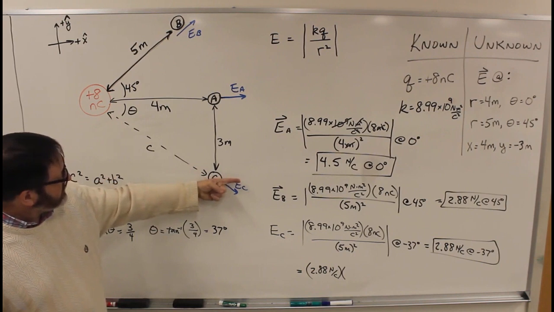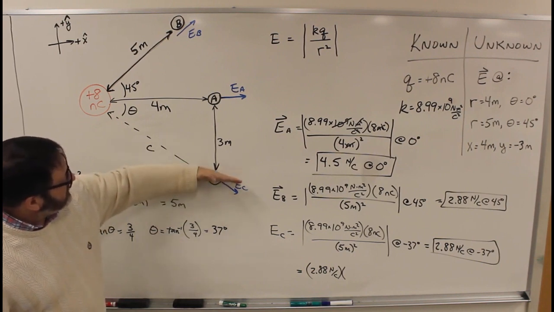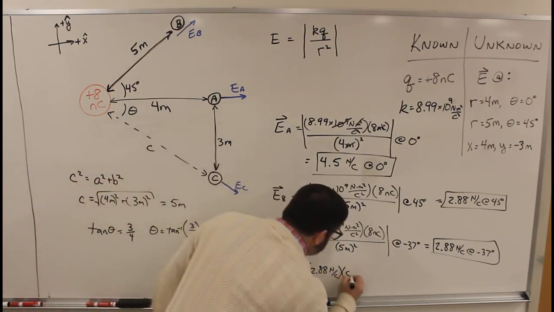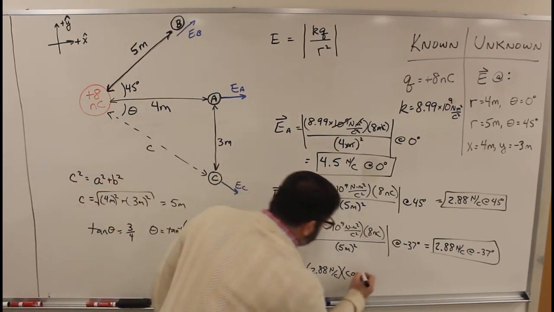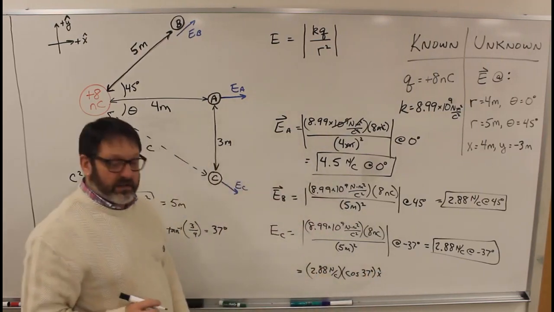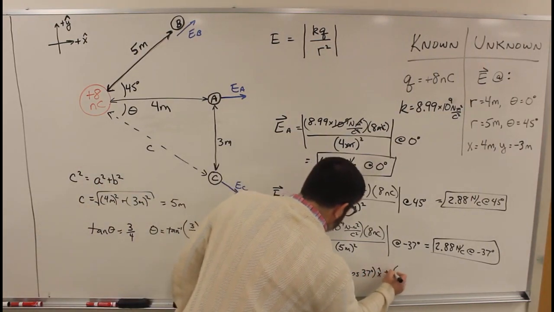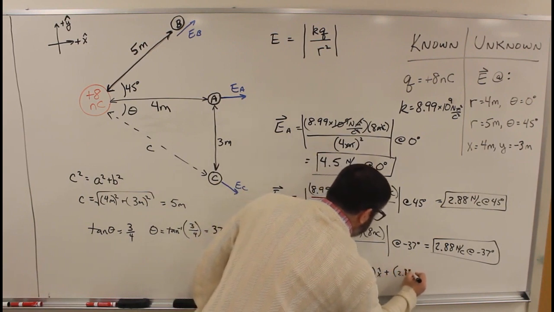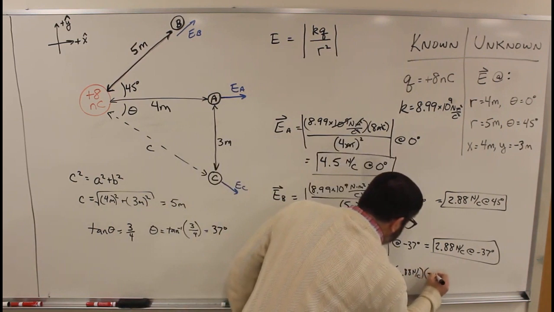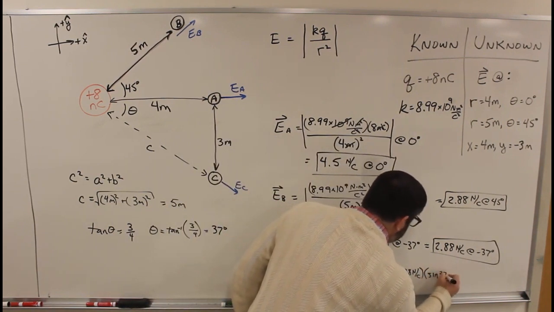The horizontal direction of it, this would be times cosine of that theta. Cosine of 37 degrees in the x direction plus 2.88 newtons per coulomb sine of 37 degrees.